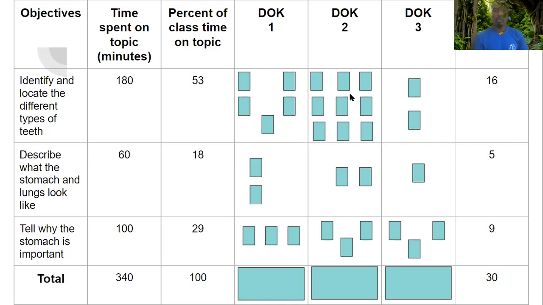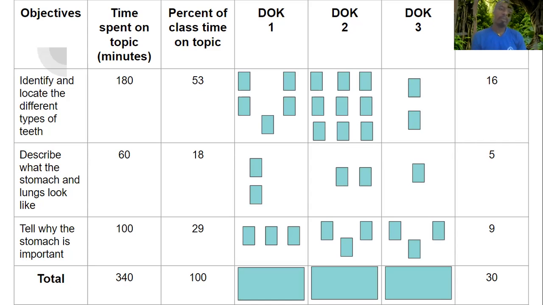DOK level 2 is a higher level of thinking, right? At this stage, you may ask them to explain something, right? And at level 3 now, you will ask them at this point in time to construct. They will be constructing here, or be critically analyzing something.